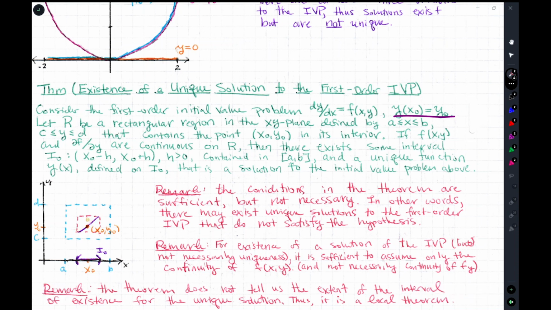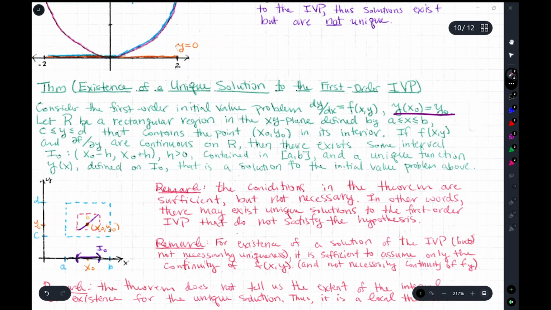This picture just shows you that it doesn't have to be all of the rectangle. You're only guaranteed some interval. How big it is, this theorem doesn't tell us, but we do know that we can find some interval, even if we have to shrink it really small, so that we do have a solution to the initial value problem.